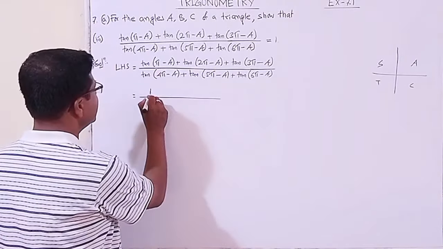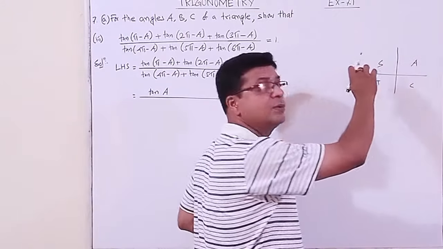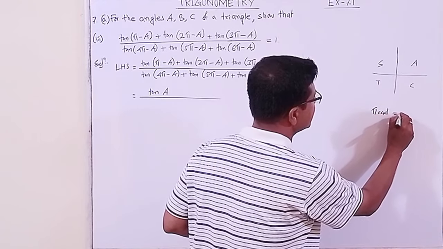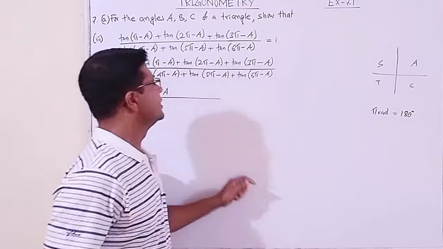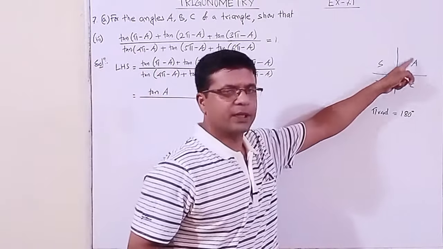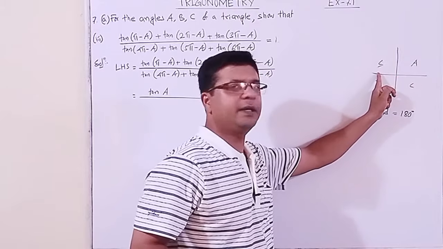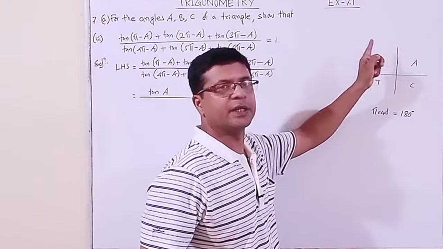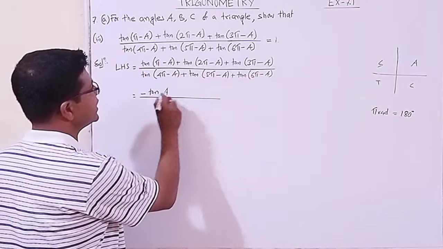Pi radian equals 180 degrees, so pi means 180 degrees minus a. It is in the second quadrant, where tan is negative, so this is minus tan a.